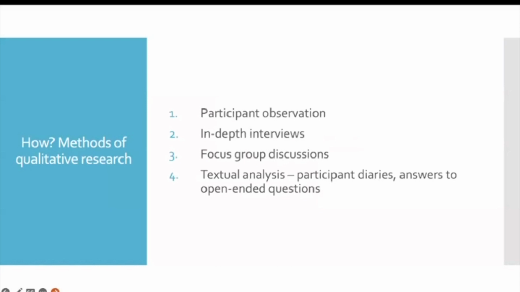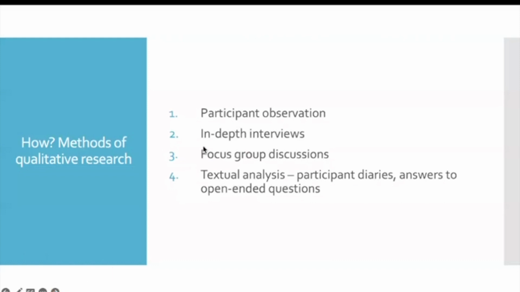There are a lot of types of data collection methods, right? Lots of new methods are coming up, but there are very useful main types of qualitative methods which we are going to understand today, right?